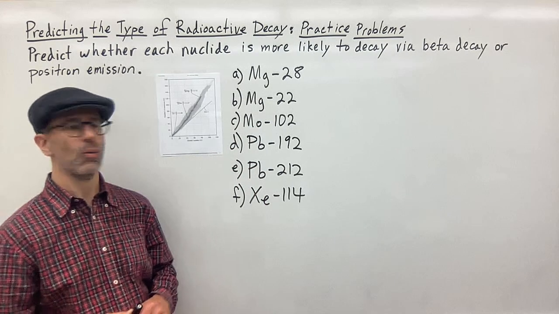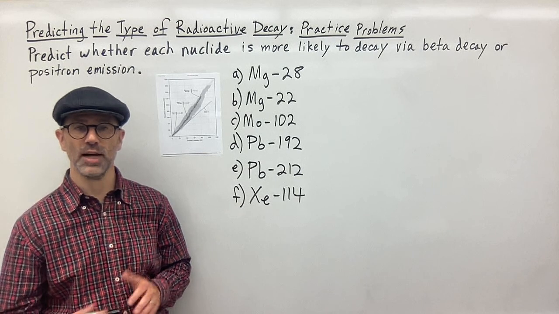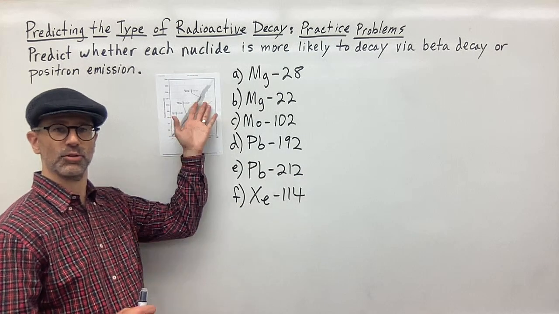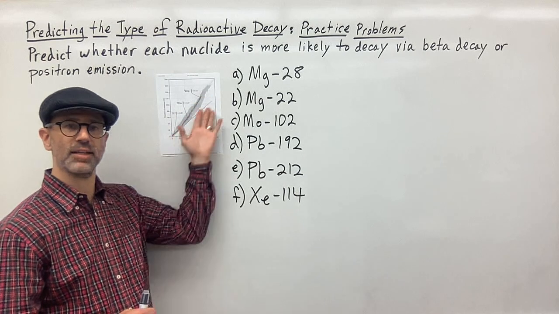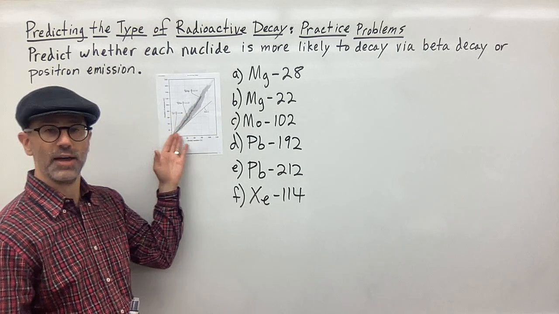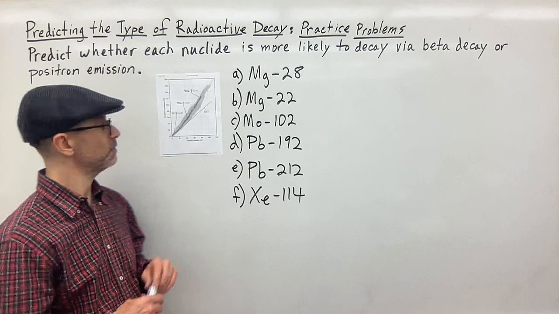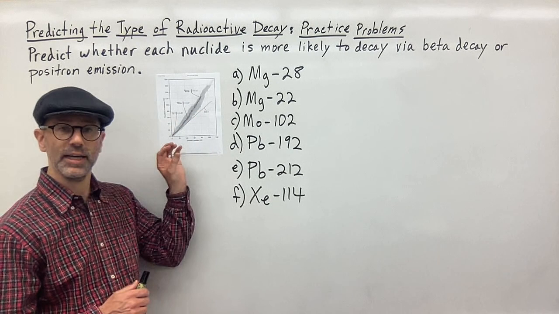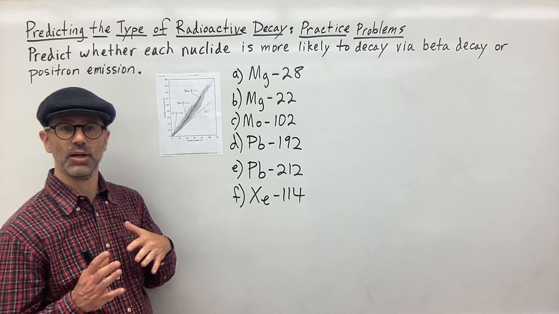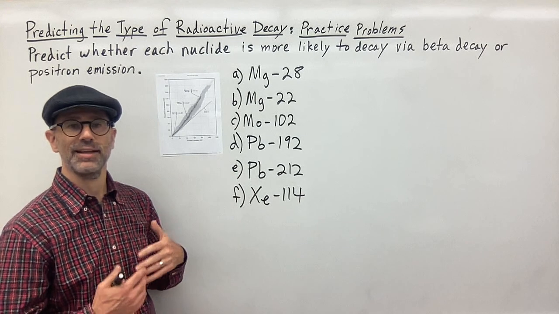So the first thing you're going to want to do is figure out the ratio of neutrons to protons, right? So here I have my island or band of stability, or my valley of stability, and I'm going to use this and the ratio of the neutrons to protons. If your isotope or nuclide has the proper ratio of neutrons to protons, then it's going to be stable.